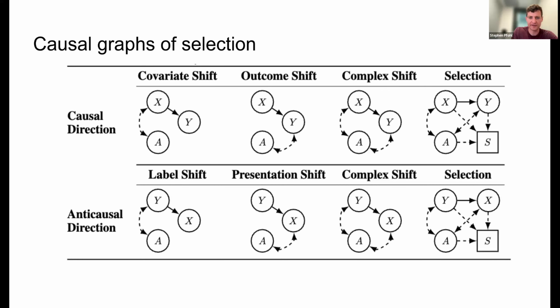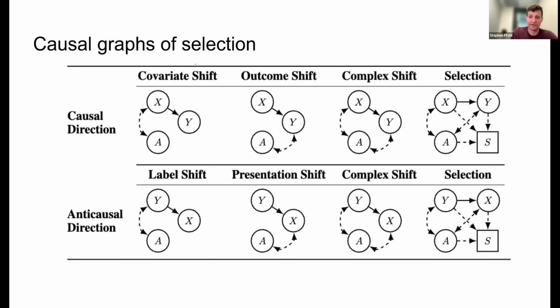And so first, I'll discuss selection bias. The main thing to take away here is that we can adapt the causal graphs that we presented earlier with the selection node, which is the square node marked with an S. These graphs capture different assumptions about which of the variables affect the mechanisms through which samples enter into the data set.